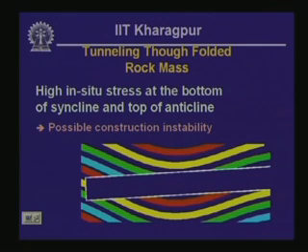Here, as we have discussed, the vertical stress near the bottom of the fold is going to be the largest, and that is true for each of the layers that we are seeing on this slide. So, these localized increased values of stresses will have to be considered when the tunnel alignment is decided and the stability issues of the tunnel wall are addressed.